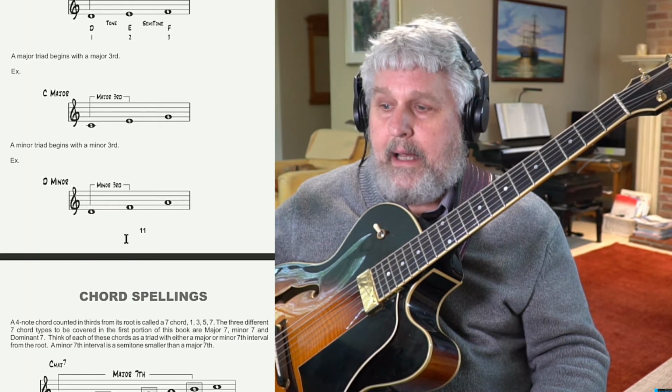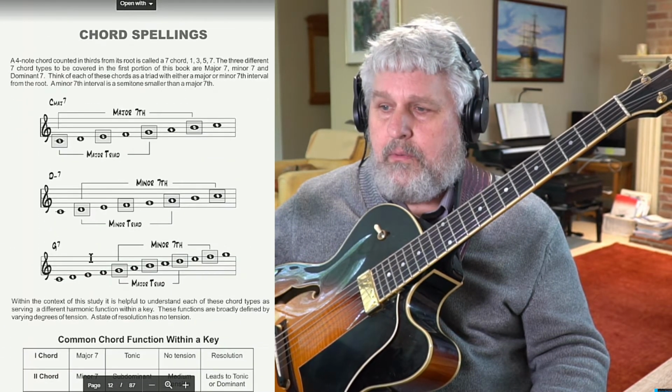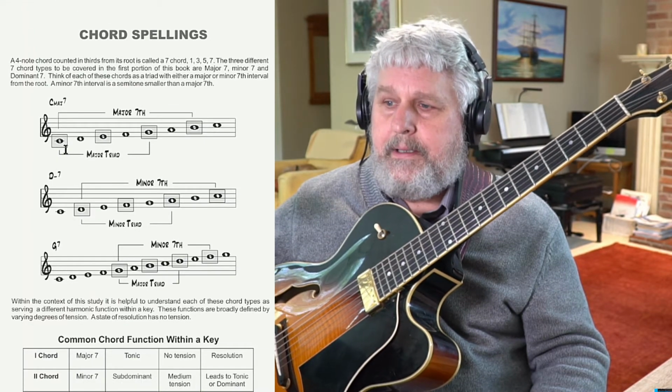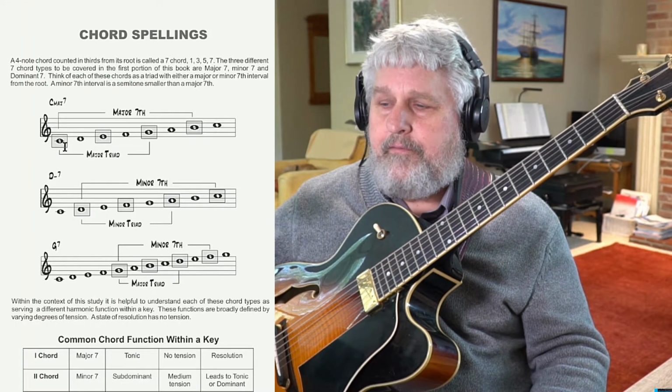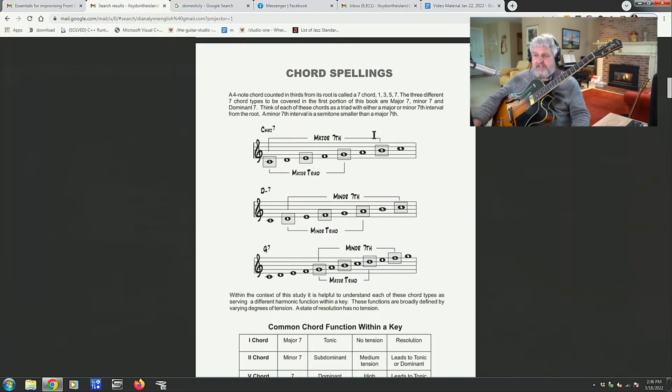And so, yeah, I just explained that. So chord spellings, we have now to look at this from a seventh perspective. A C major seven is a major triad, with that major third, with a major seventh, and a major seventh is this distance here.